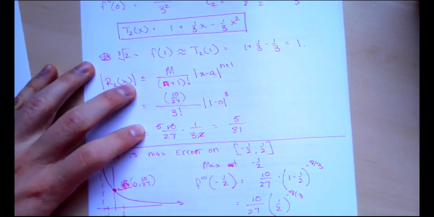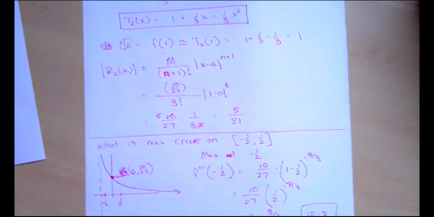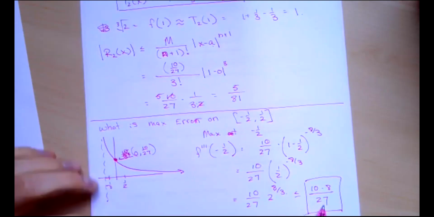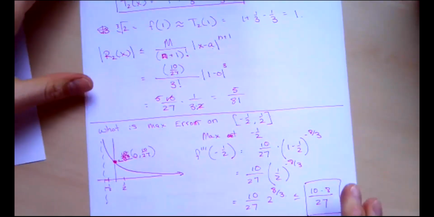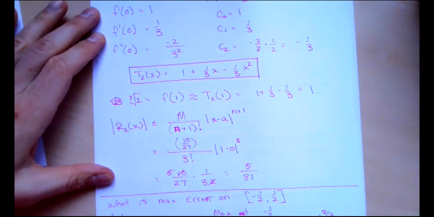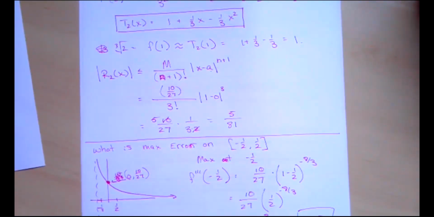So a good m for that would be 10 times 8 over 27, or 80 over 27. We would then use that, plug it in the error formula with the same numbers essentially for n, and then that would give us our maximum error on this new interval.